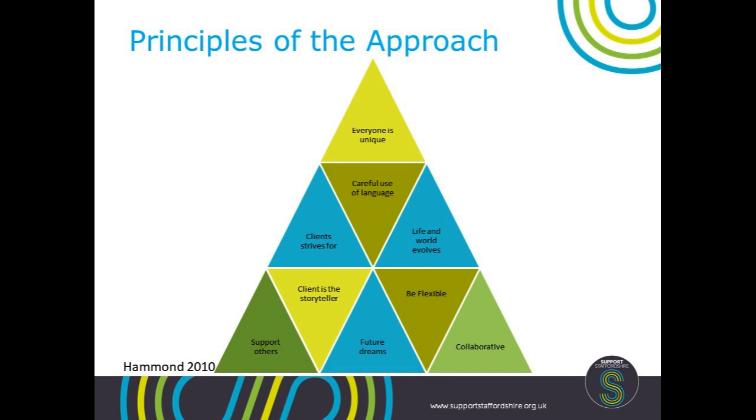And these characteristics can be potential strengths and capabilities. So it's what the person can do. It is focusing on what the client strives for and eventually becomes a reality, but it has to be a realistic strive.